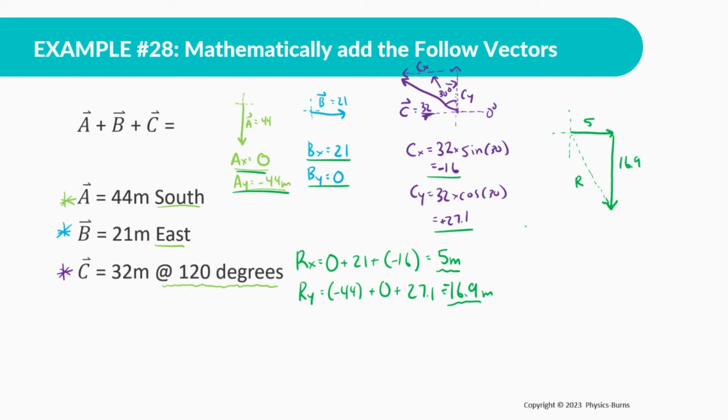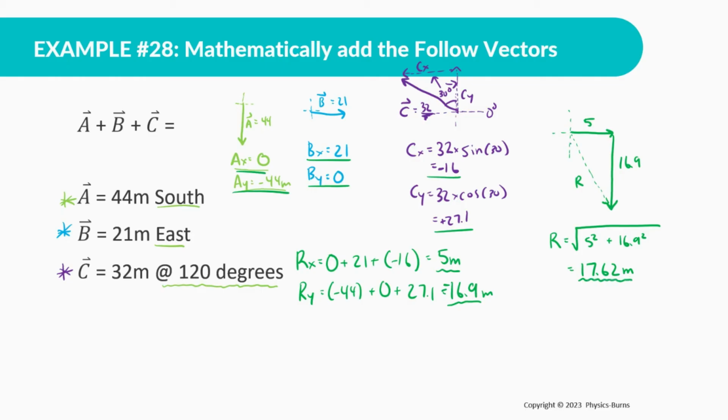Okay, and again, I could use Pythagorean theorem to find out what this resultant vector is. So I could say 5 squared plus 16.9 squared equals r squared. So r is the square root of 5 squared plus 16.9 squared. And let's see what this gives us. We get 17.62 meters.